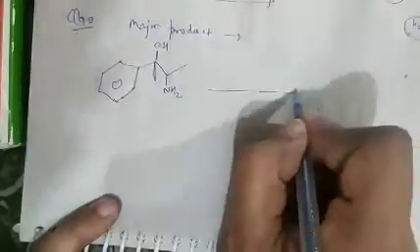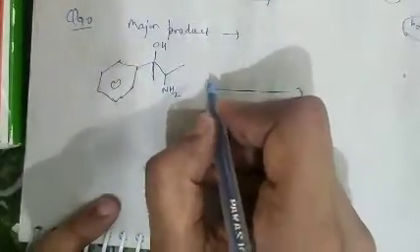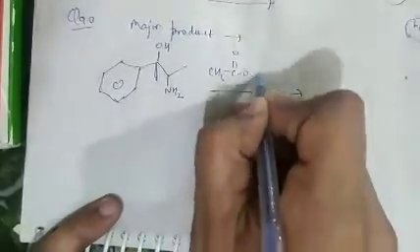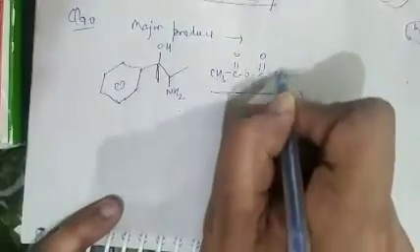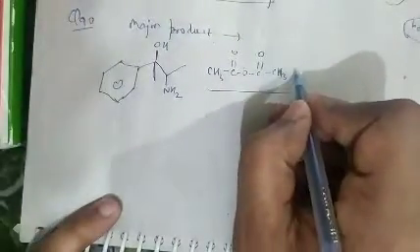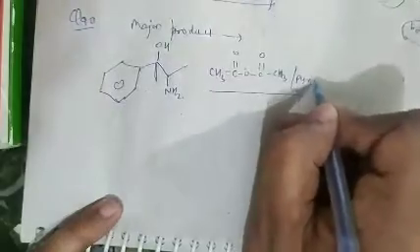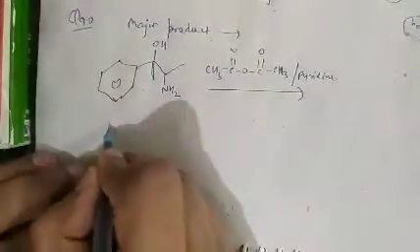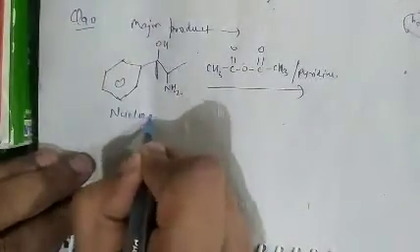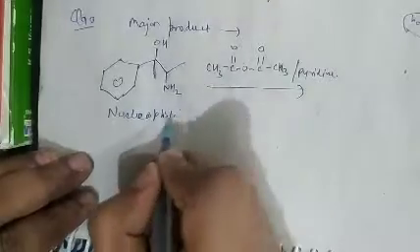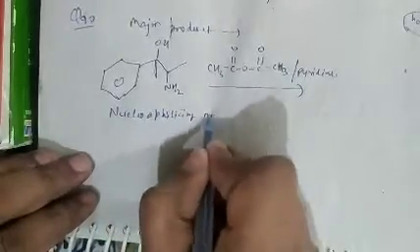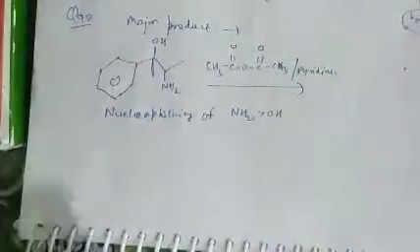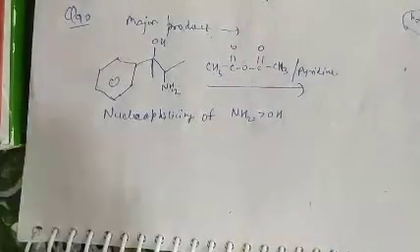The reaction is with CH3COOC double bond O CH3 in the presence of pyridine. As we know, the nucleophilicity of NH2 is more than the OH group.